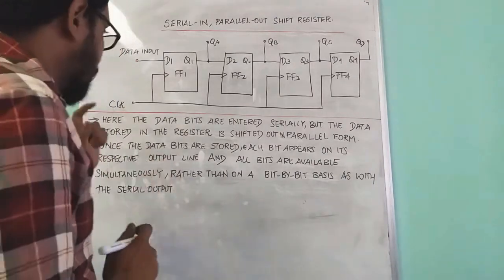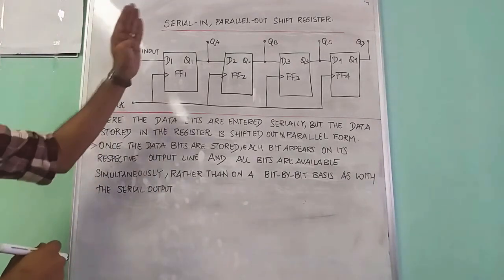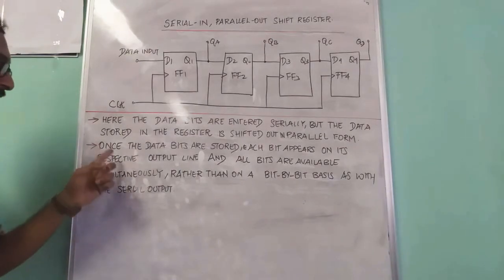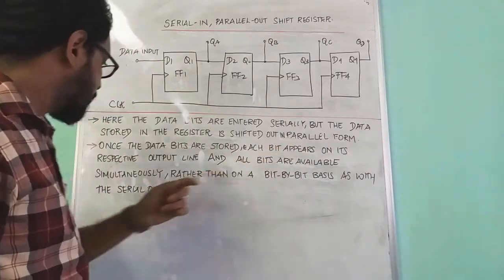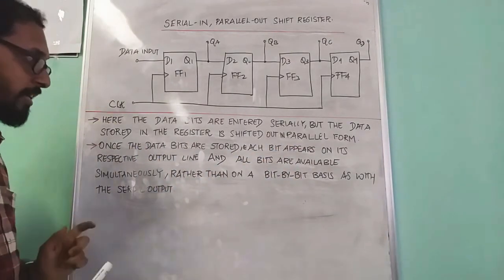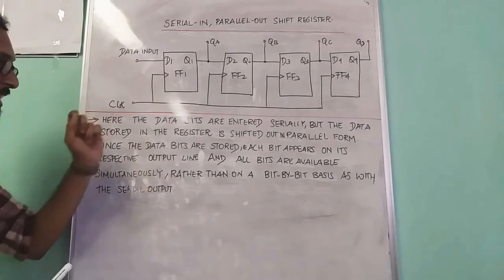But what is the specialty when we compare it with serial in parallel out? In serial in parallel out shift register, once the data bits are stored, each bit appears on its respective output line and all bits are available simultaneously.